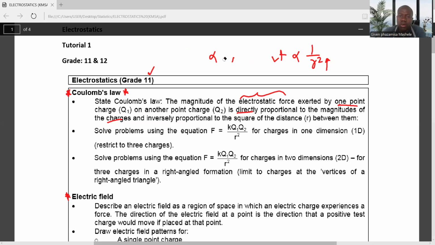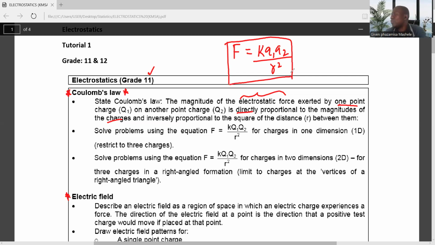You need to be able to know this law and also be able to solve questions relating to Coulomb's law, using the formula which says the net electrostatic force equals K charge 1 charge 2 over R squared. This is the Coulomb's law formula.